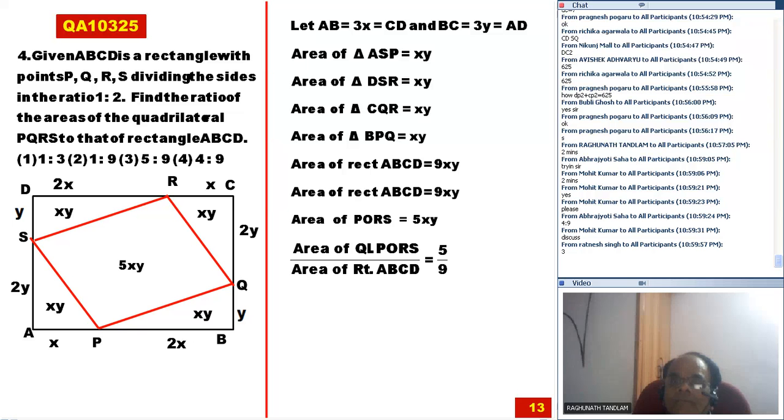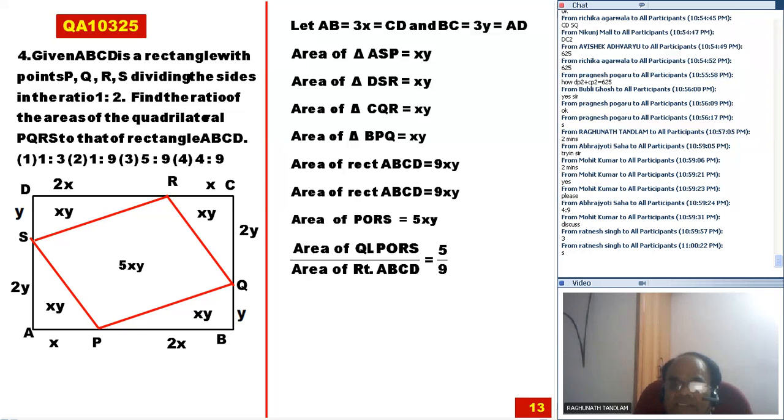Many of you posted 4:9. I don't know how you got 4:9. Is it 5:9? Are you clear with what I have written? I have taken AB as 3x and CD as 3x, BC as 3y and AD as 3y. I calculated the area of the triangles. The area of the quadrilateral I got by subtracting from the rectangle.